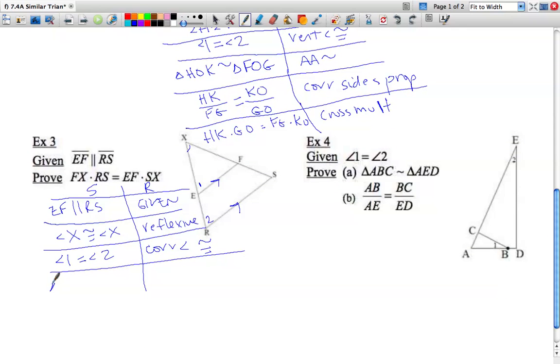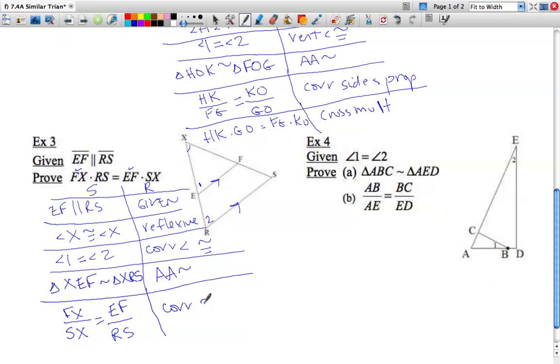So we can say that triangle XEF is similar to triangle XRS by angle-angle similarity. And again, we set up the proportions. Well, FX, first and third, is to SX as EF, second and third, is to RS.